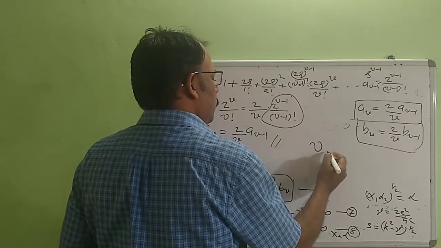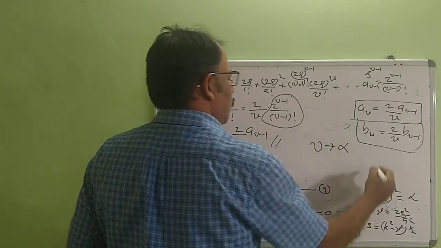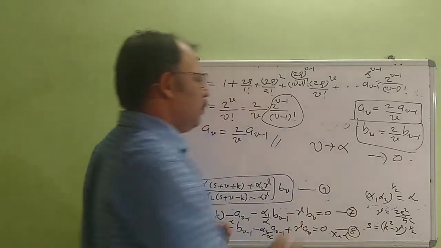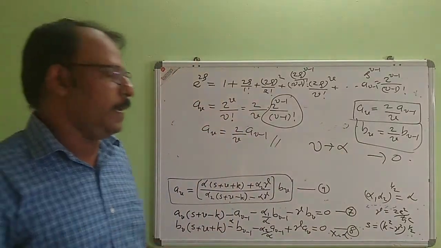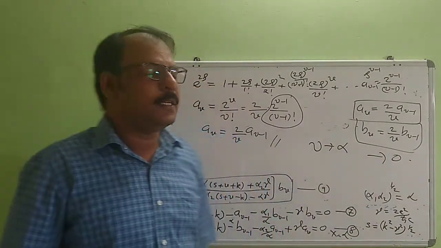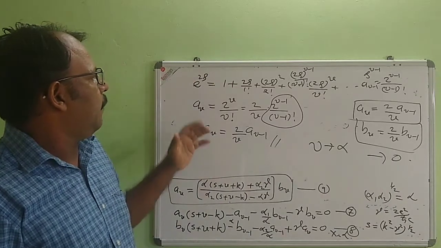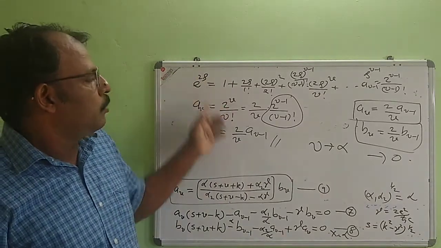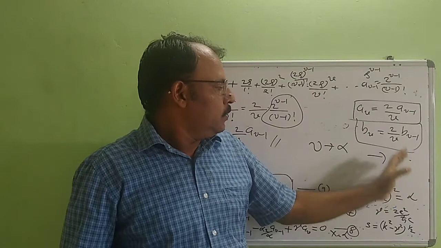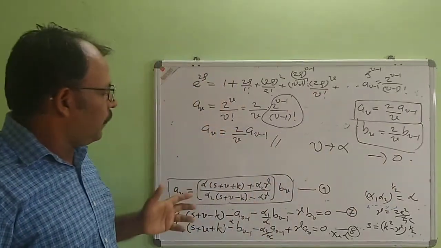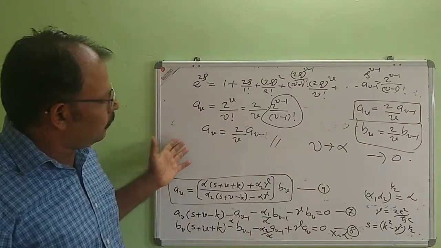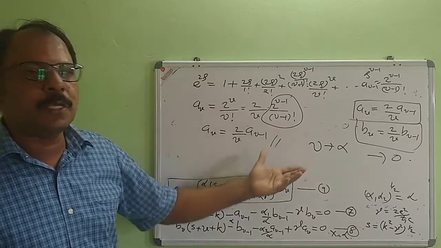When rho tends to infinity, our solution should tend to 0. Its value should be 0 at infinity. It should vanish. The wave function should vanish at infinity. But if we have a solution like this, then it does not vanish at infinity. So the coefficient, when it exceeds beyond a limit, should be 0.